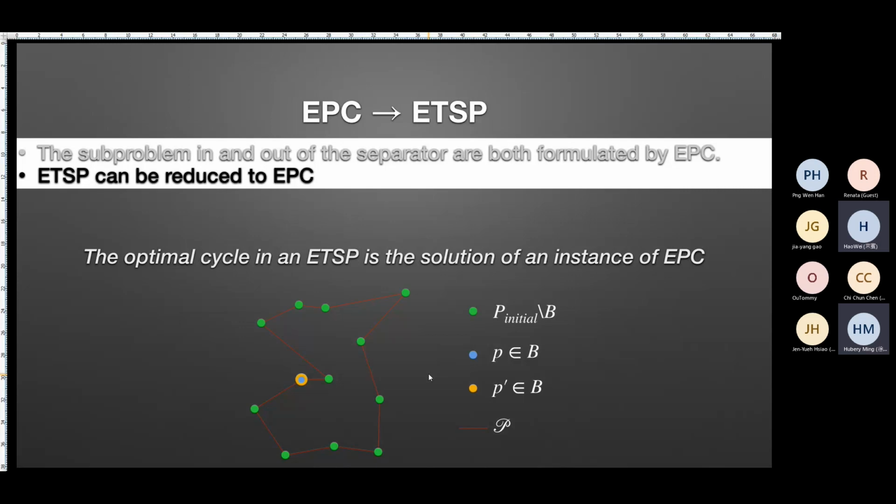So for this part, we would like to discuss how an instance of ETSP can actually induce an instance of EPC by this treatment. Okay. I think your question will be answered by this slide.